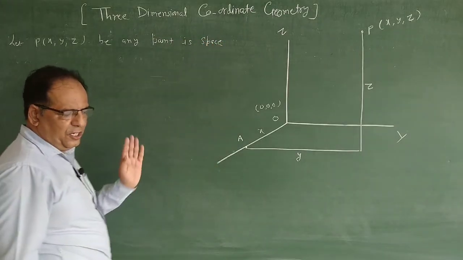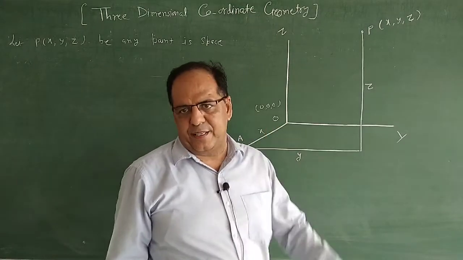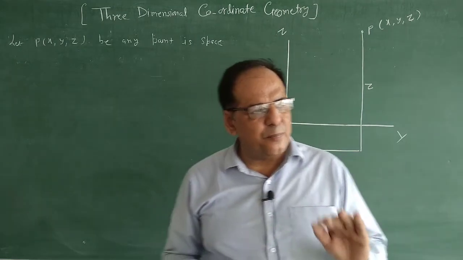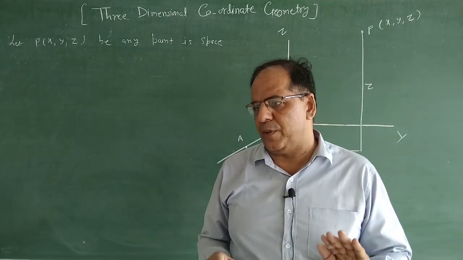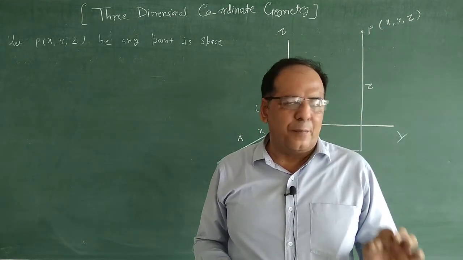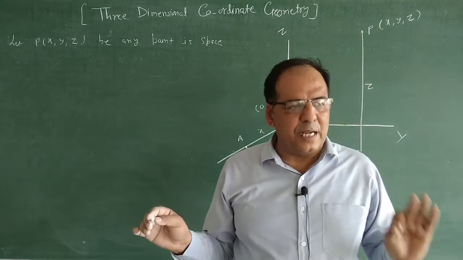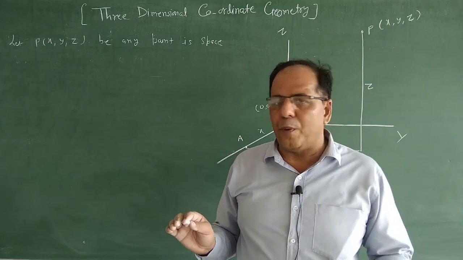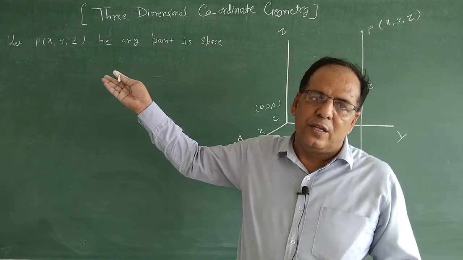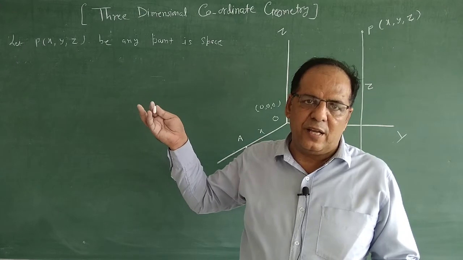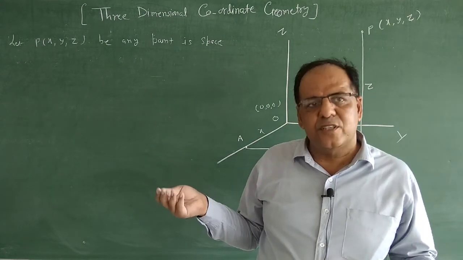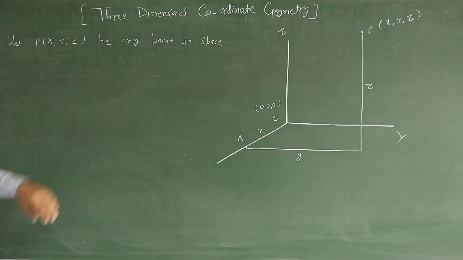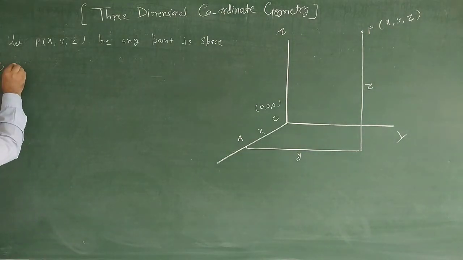If all the 3 parts of the triplet x, y, z are non-zero, this shows that the point definitely lies in space. If any one part of the triplet is 0, that means our point lies in one of the coordinate planes. If 2 parts of the triplet are 0, then we can say that the point lies on the x-axis, y-axis or z-axis.